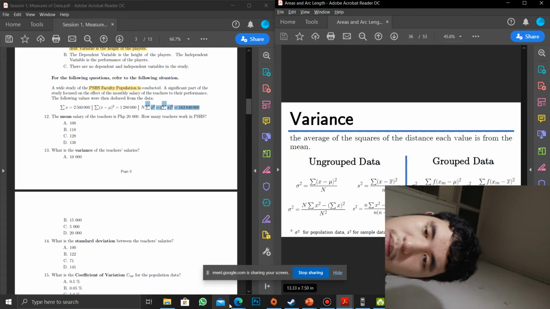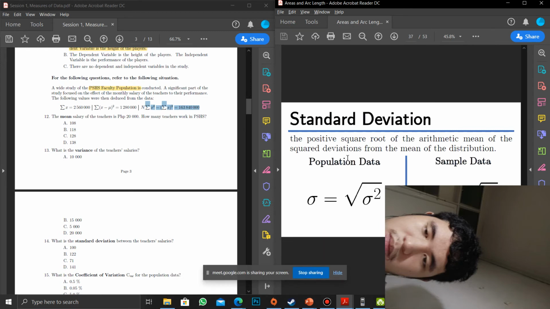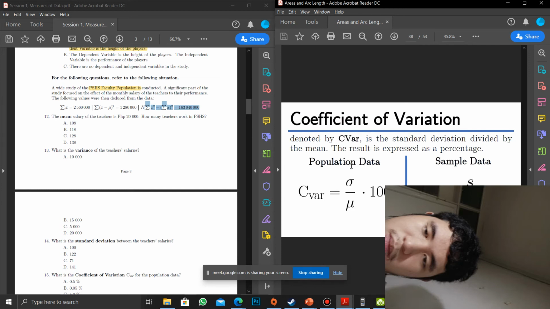Sige. I'll give you 5 minutes more. Ano ulit yung formula for coefficient of variation? Here.